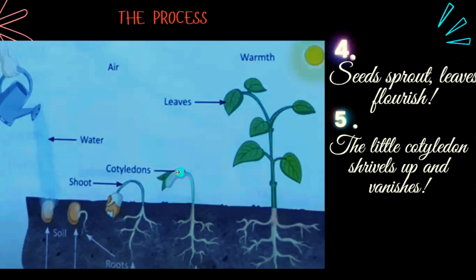First when the seeds sprout and the leaves flourish, the little cotyledon comes out, and because of this, they grow into a stem, and then they have these leaves that are looking magnificent. So this is the small process of how the seed germinates.